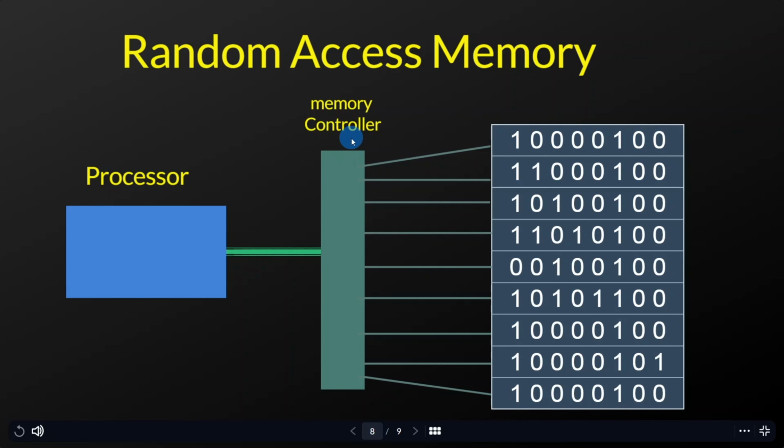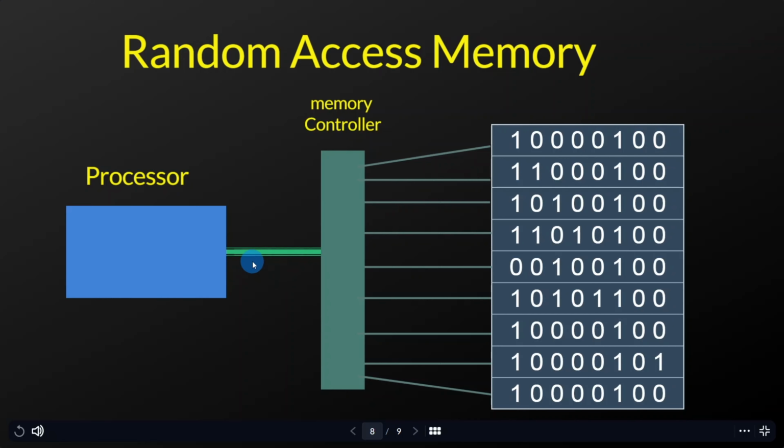And this memory controller has a direct connection with each and every cell, because we may read the address 0, and then immediately try to read the memory address 90,000. Because of this direct connection, it is very fast. That's why we call this random access memory. We can read a random address right away.